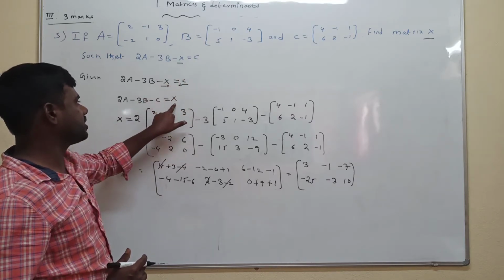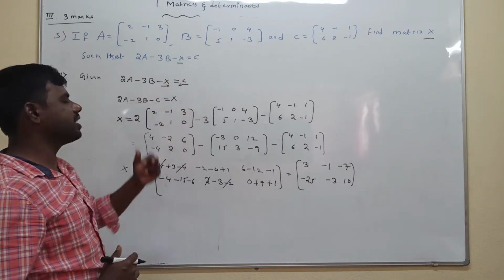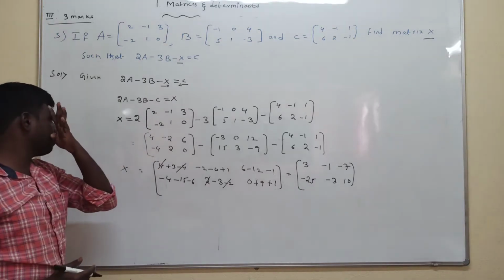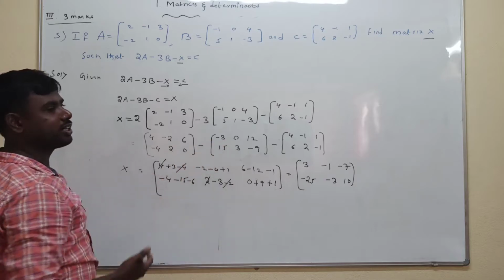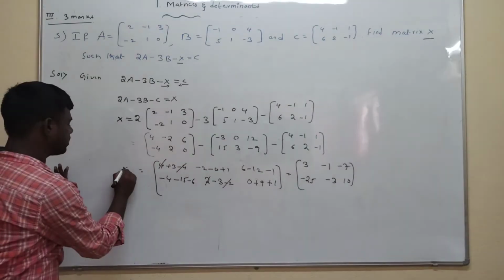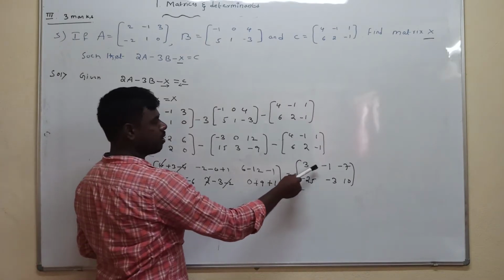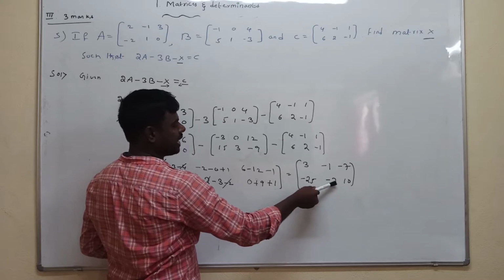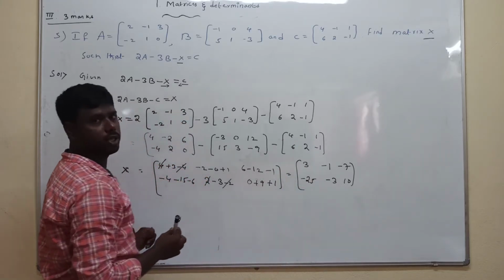Minus X we take to this side as plus X, and plus C goes to the left hand side as minus. After that, substituting the A matrix and B matrix, we subtract the corresponding elements. Finally, we got the X matrix equal to 3 minus 1 minus 7 minus 25 minus 3, and this is the required solution.